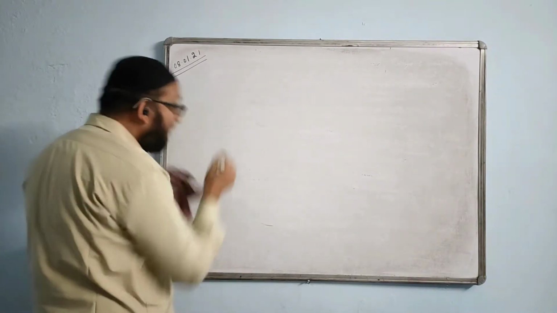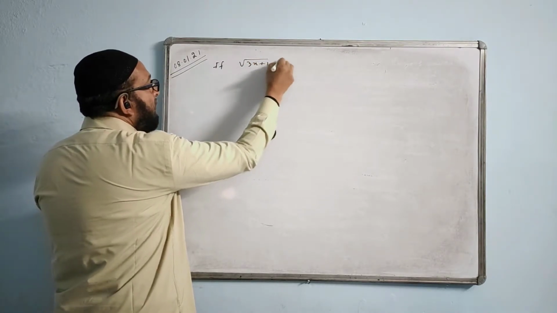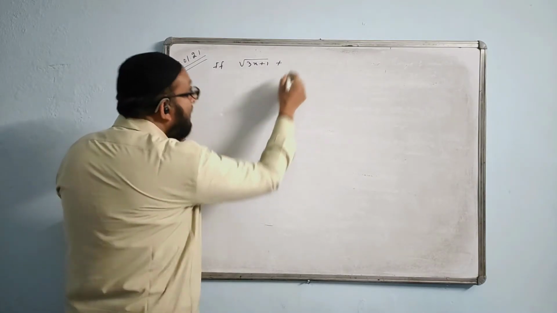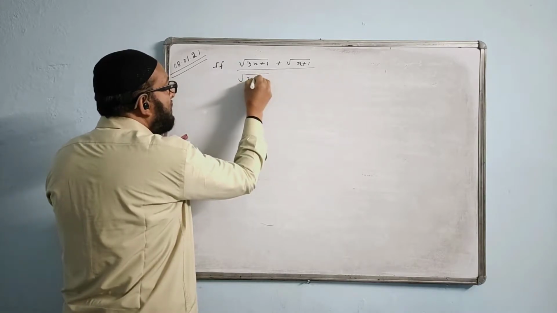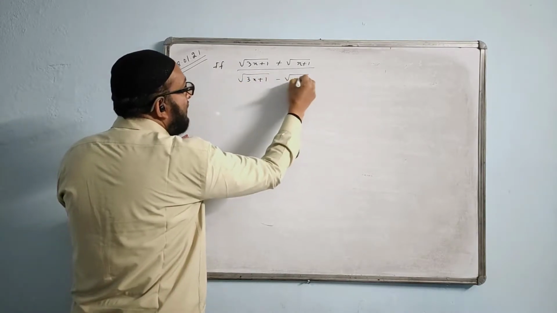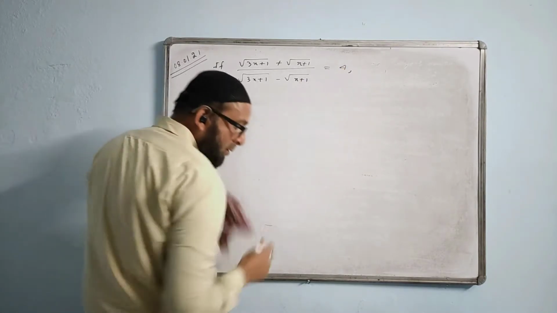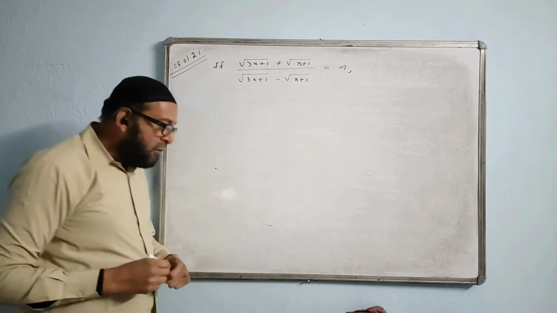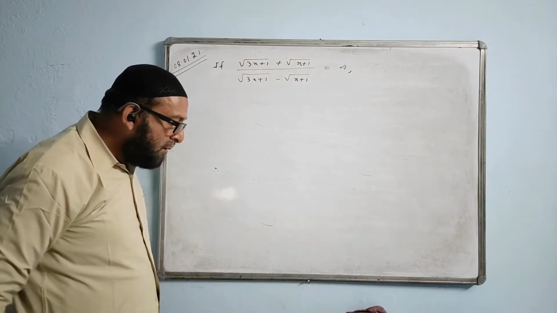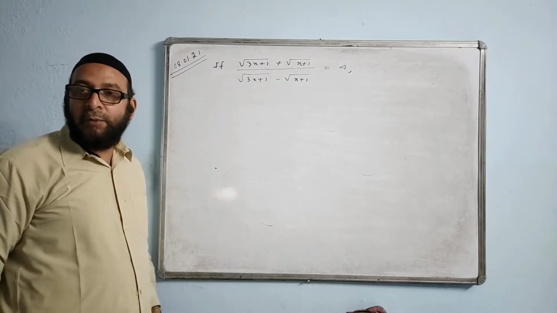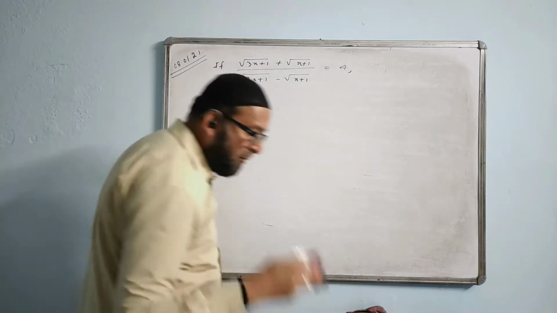Question says if (root of 3x plus 1 plus root of x plus 1) by (root of 3x plus 1 minus root of x plus 1) equal to 4. Please mute your sound, no disturbing. Using the properties of proportion, solve for x. Using the property of proportion, you will find the value of x. That is the question.